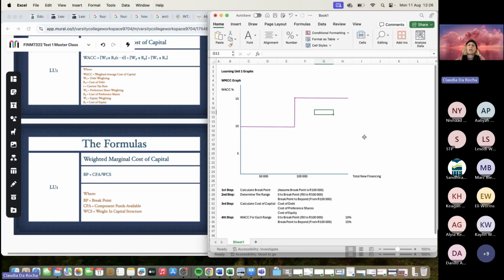And that is our weighted marginal cost of capital graph. Right. That's the one graph.